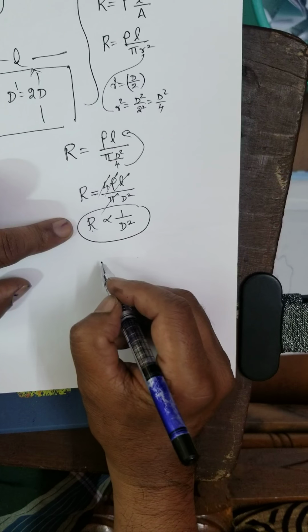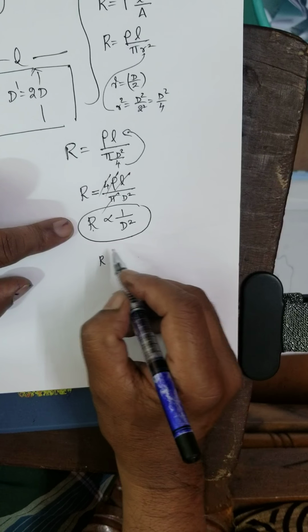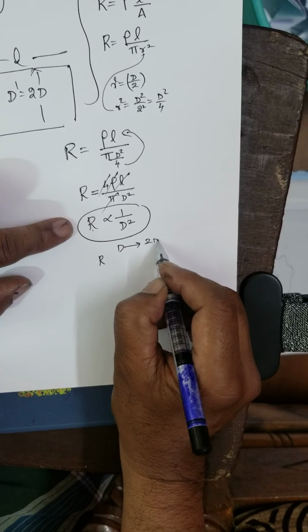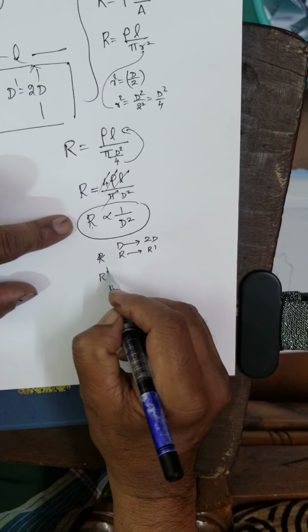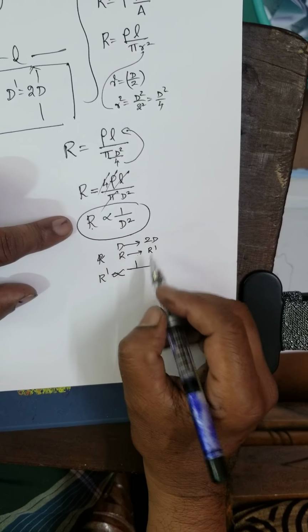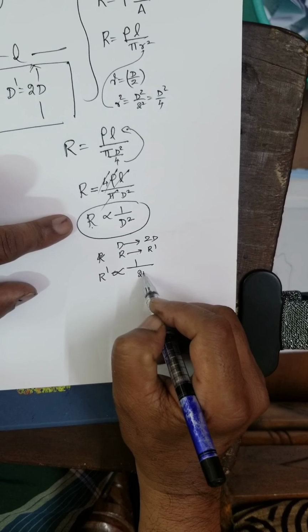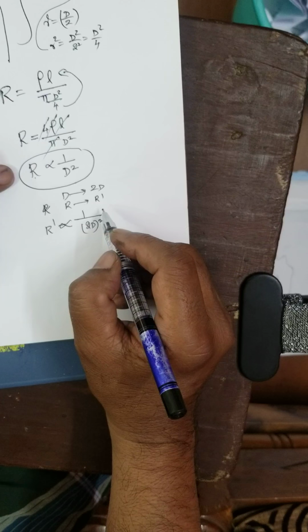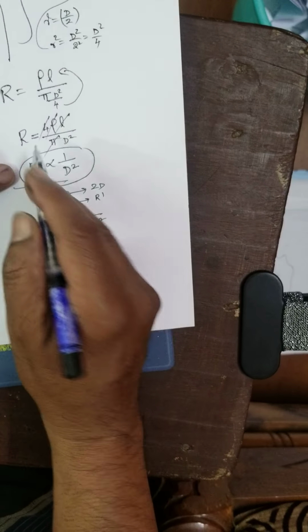Now, the diameter changes to 2 times the diameter. What will happen? The resistance also changes to a new resistance. Therefore, R dash is directly proportional to 1 by 2 times the diameter whole square. Therefore, you divide one by the other.